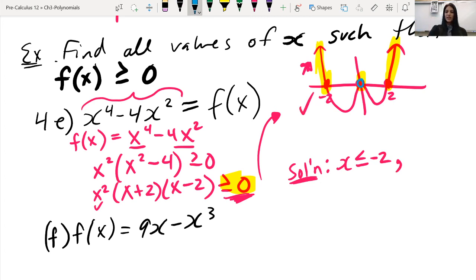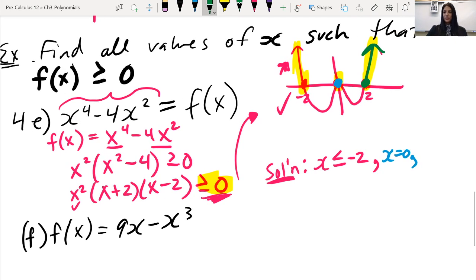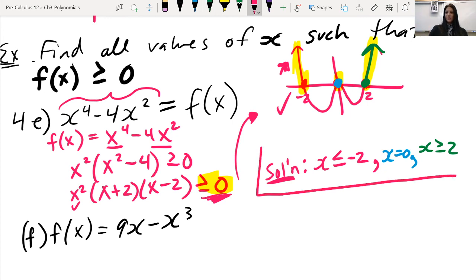Then I get to this part where it is equal to 0. So I would say at x equals 0 to account for that little blue portion. And then over here, I would say this also happens when x is greater than or equal to 2. I know this looks different than the other stuff we've been doing, but basically this is just us communicating where the y values would be greater than or equal to 0.